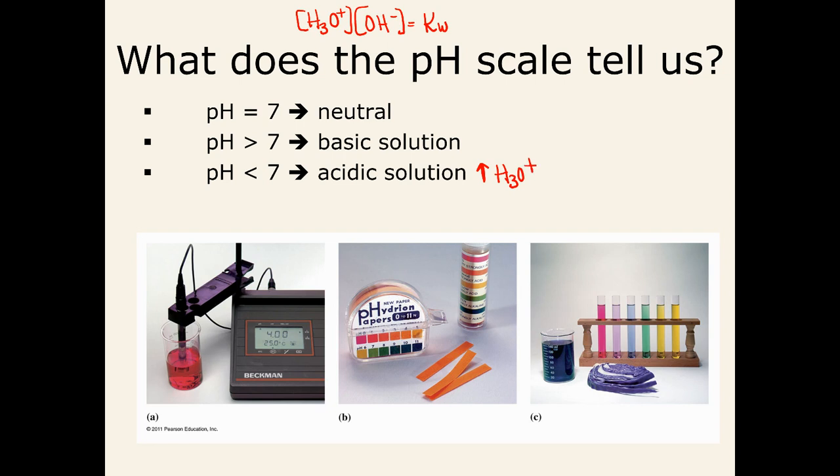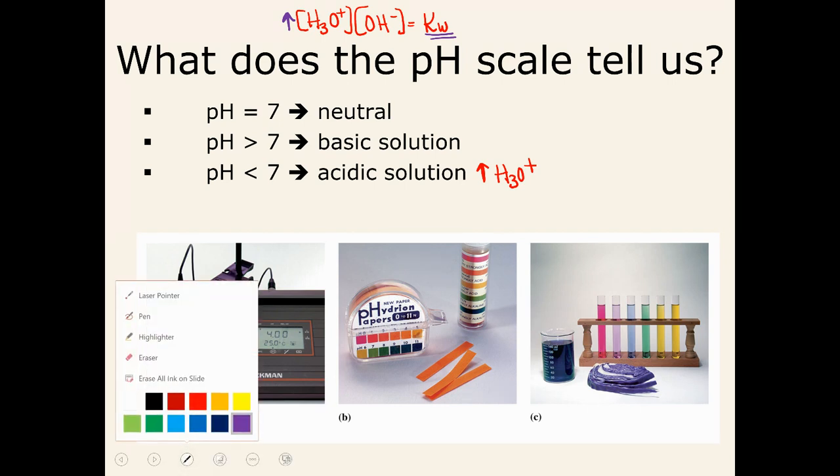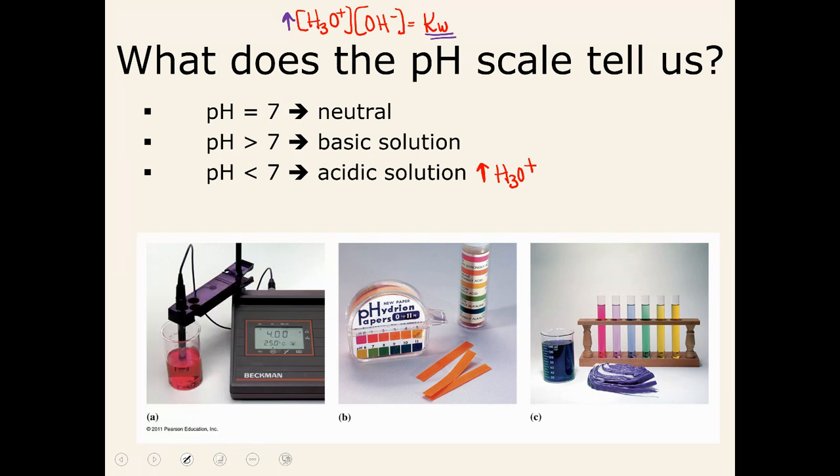They form hydronium. Now if we increase H3O+, we have to maintain the same constant. So what does that mean for hydroxide? For sure hydroxide's going to decrease.